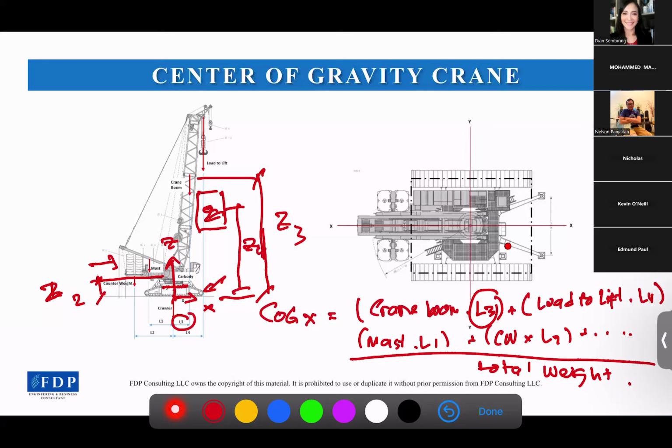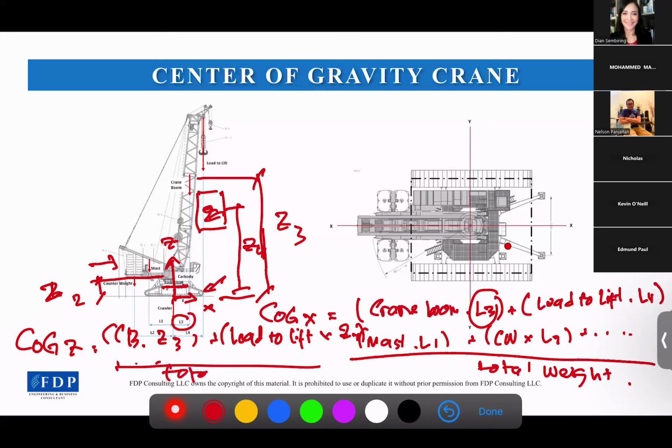And then we will use the same formula to get the COG Z: crane boom times Z3 plus load to lift times Z4, and so on, divided by the total weight. And that's for the elevation view.